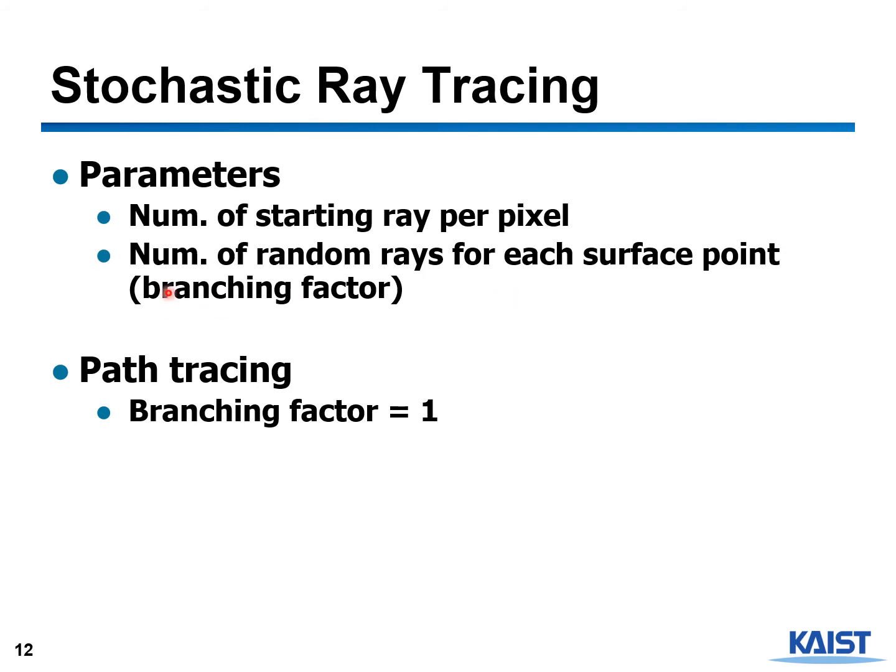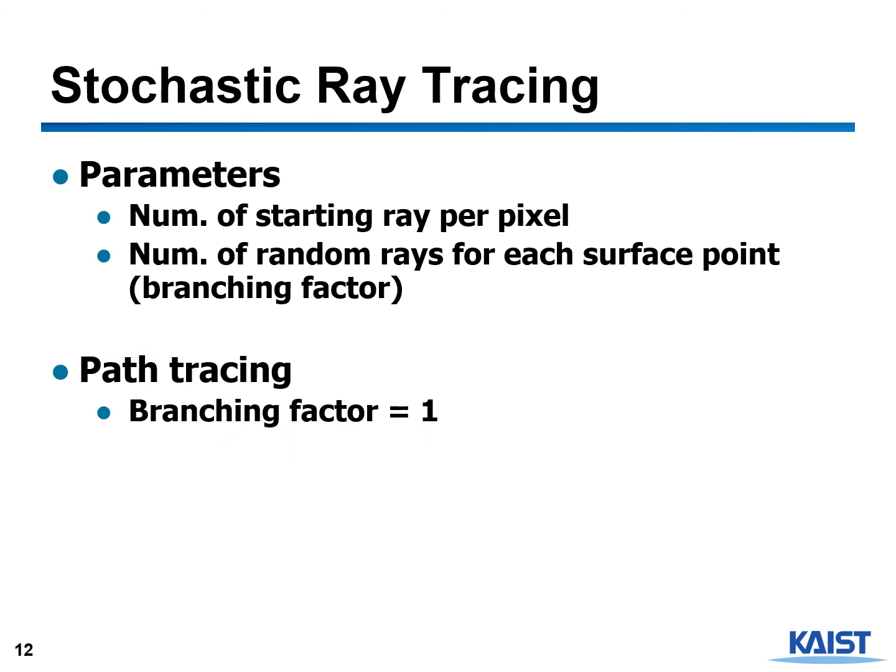The number of random rays for each surface point, which is the point intersected by the primary ray, is known as the branching factor. But path ray tracing simply uses a branching factor of one.